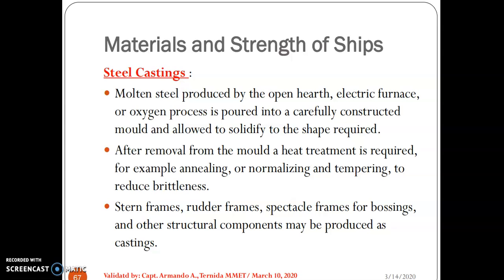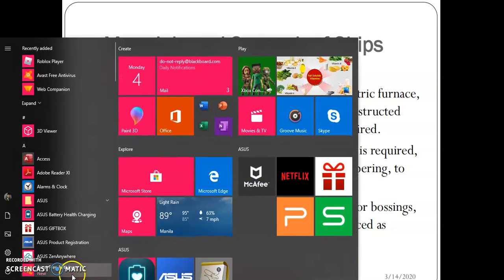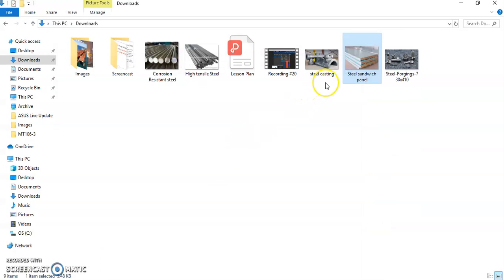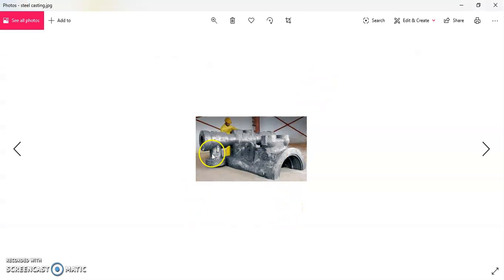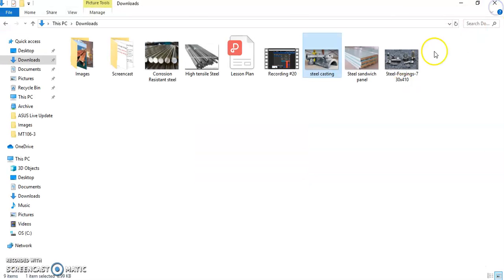Stern frames, rudder frames, spectacle frames for bossing, and other structural components may be produced as castings. So casting, ito yung niluluto o binubuo. Mayroon tayong mold. Tulad yan, steel casting yan. Kinacast nila yan, meron silang pinoporma.